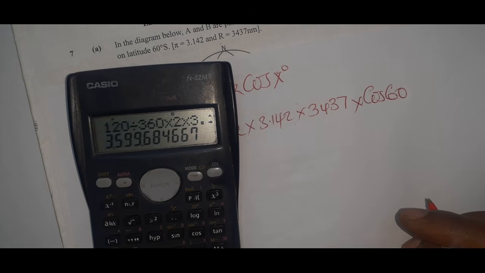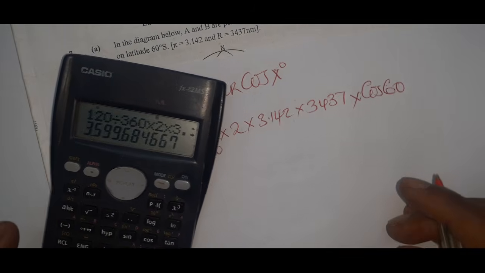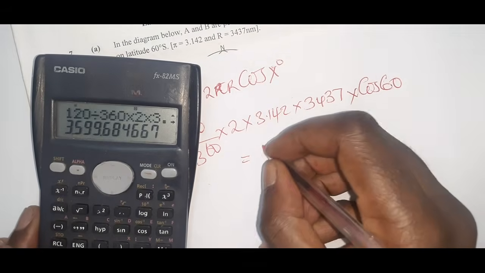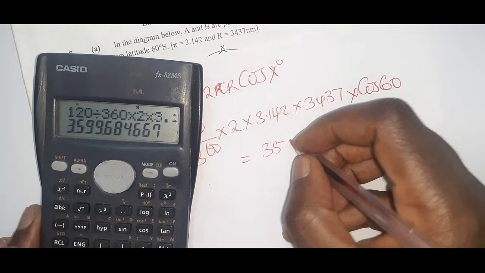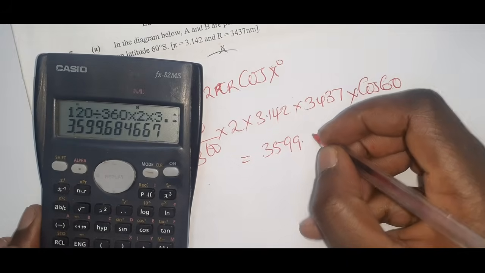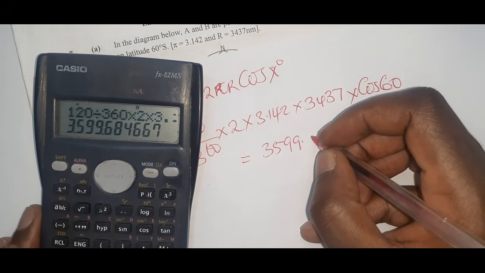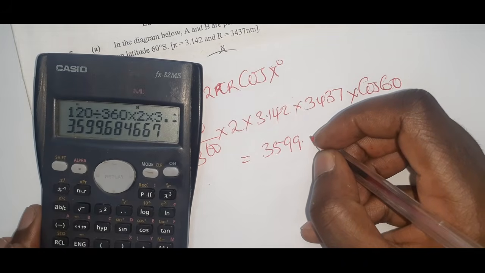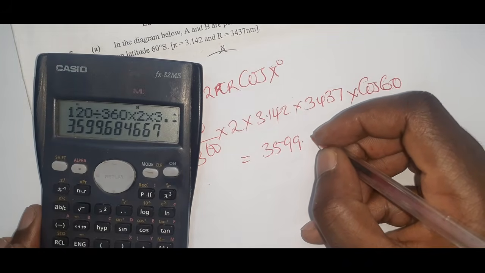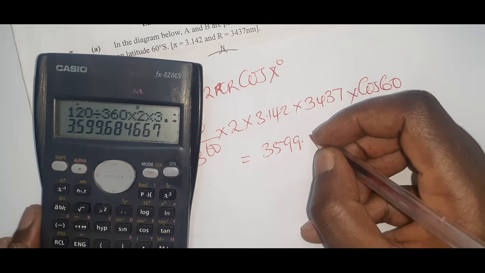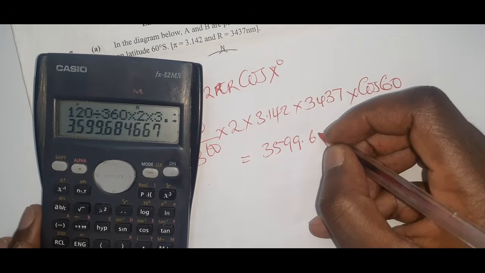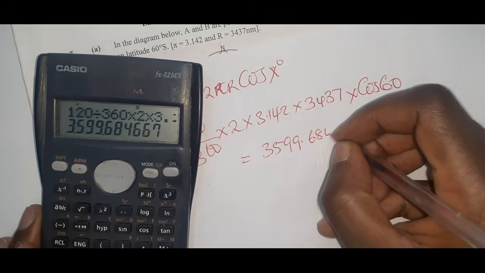What do we get? This is what we are going to get: 3599.684.